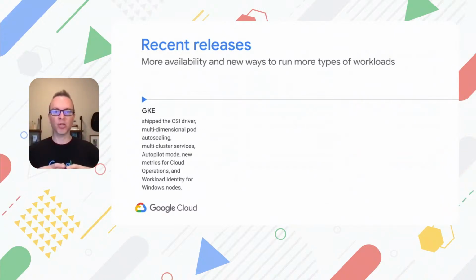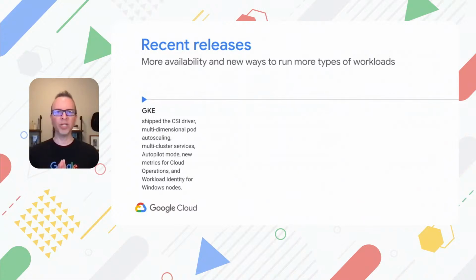Maybe each app gets their own cluster, however you want to do it. But then that brings new problems, of course. And so one of those can be, hey, things between clusters are kind of invisible to each other. How do they see each other? So multi-cluster services is a free service that makes it possible for services in different clusters to do service discovery. And I can see and address services across clusters without having to necessarily add a service mesh or things like that. It's a very lightweight function, but it's free and easy to use.